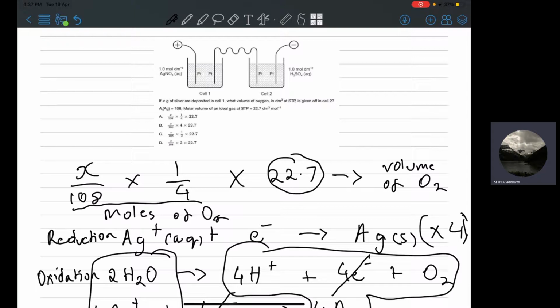I hope that you have understood how I got to this. Number of moles of silver is X over 108. Since the ratio of silver to oxygen is 4 to 1, we divide the number of moles of silver by 4 to get the number of moles of oxygen. And we multiply that by 22.7 to get the volume of oxygen. Which answer is that? That is answer number A. So that is our correct answer.